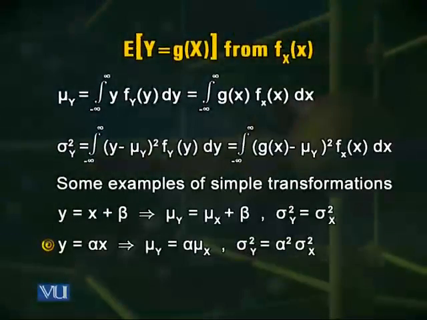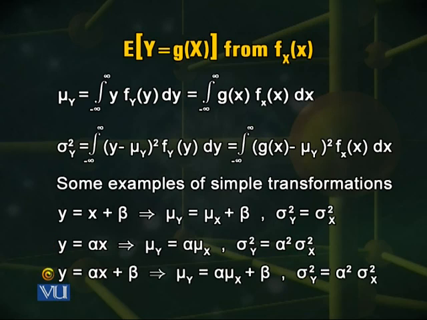If the derived random variable y is obtained by multiplying the underlying random variable with a constant alpha, then the expected value of derived random variable is alpha times the expected value of underlying random variable, and the value of variance of derived random variable is alpha square times the value of variance of underlying random variable.